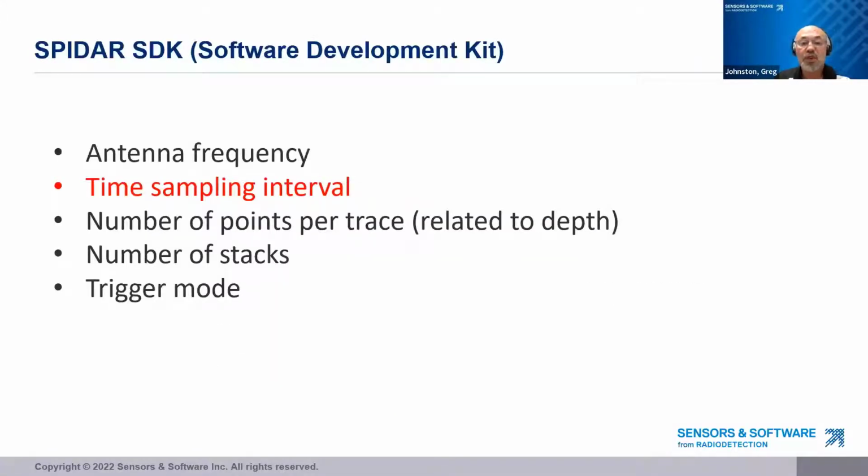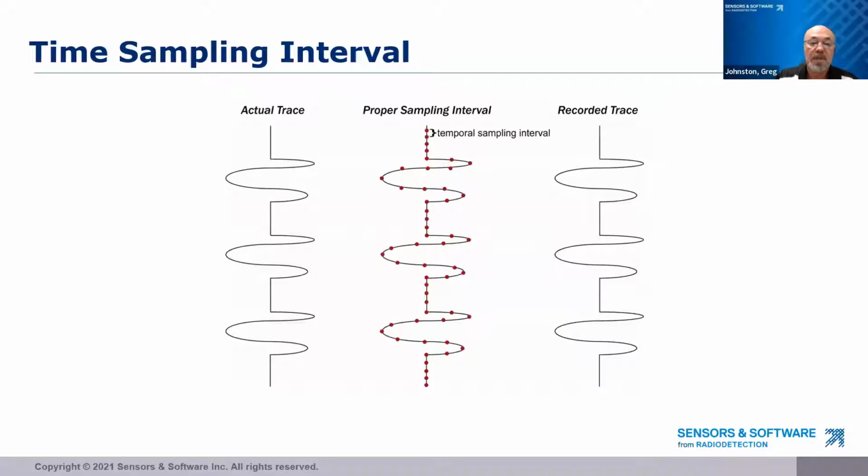Once you determine the frequency that's appropriate for the application that you have, next we have to set the time sampling interval. Sensors and Software GPR systems are digital systems right at the antenna.